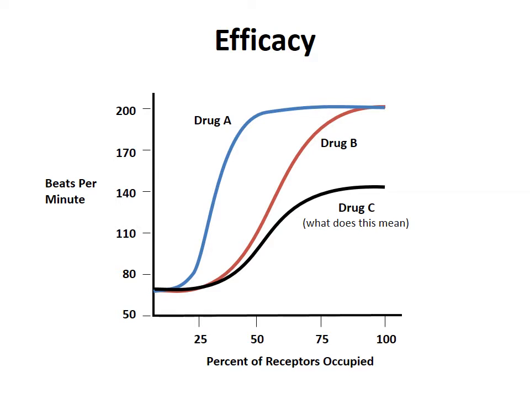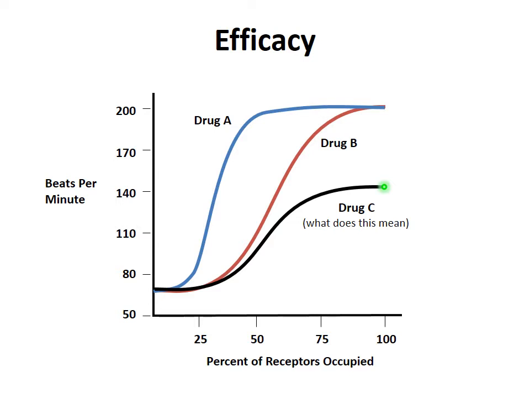So now let's look down here. The drug bound to 100% of the receptors at some point. If the drug is binding to 100% of receptors but it's still not doing what these ones do, the effect is not as strong, that has to mean that the drug affects the receptor in a different way, and it just doesn't activate it as much.